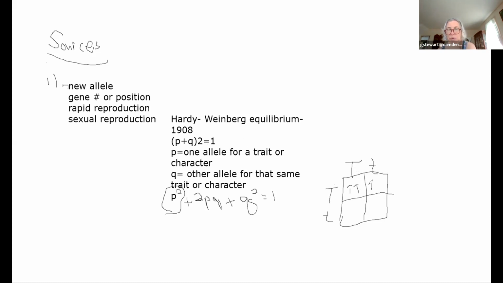We would have 2pq, and we would have 1 q², the little t's. So in a crossing of 2 heterozygotes, this would refer to p², we would have 2pq and 1 q².